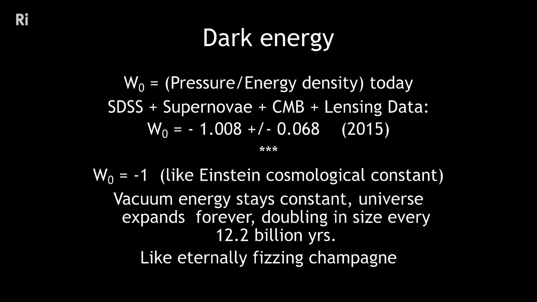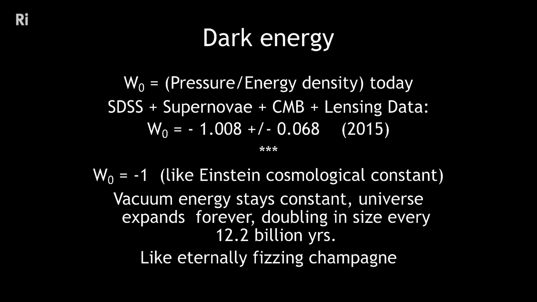Now, as I said, the accelerating expansion that we're observing today, which was discovered by supernova observations, we call this dark energy. And we can use this detailed measurement of the expansion history of the universe, which comes from supernova, from this Sloan Digital Sky Survey, from these measurements of this bump, and from the cosmic microwave background, and from gravitational lensing data.